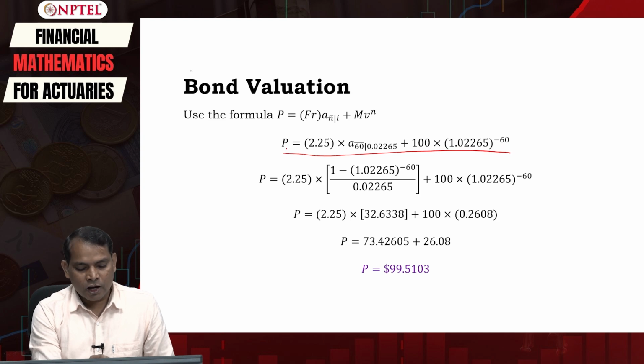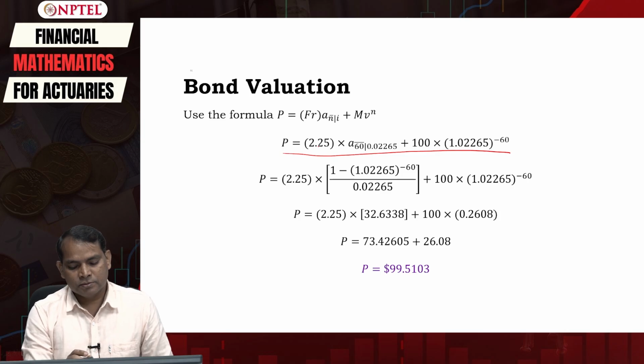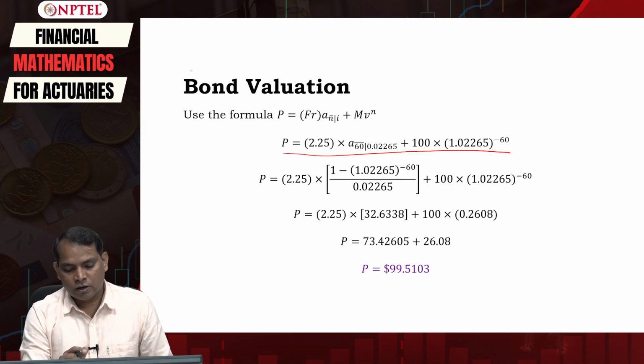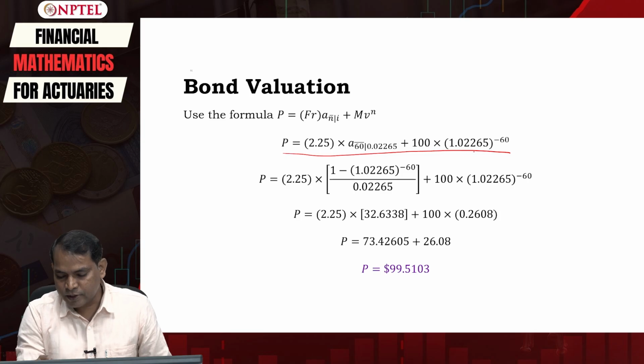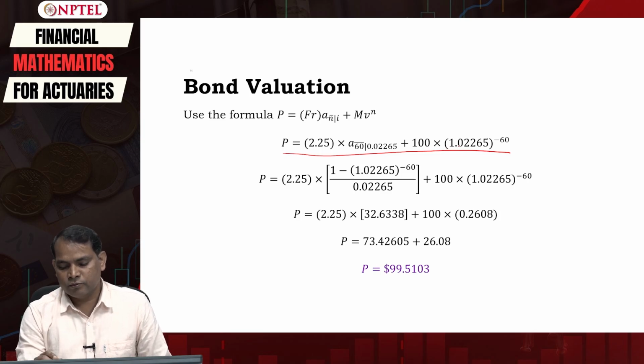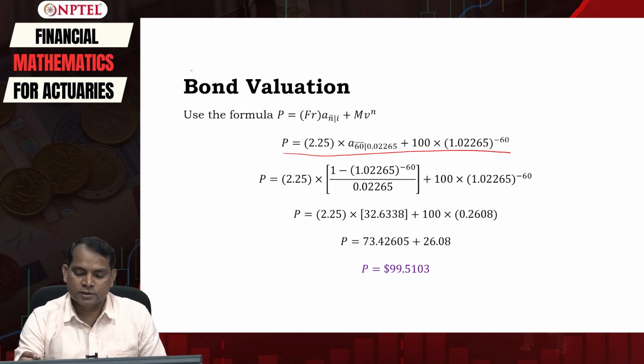So we will have here P = 2.25, that is the Fr we have just calculated, multiplied by a angle n, with n equal to 60 and i equal to 0.02265, plus the redemption value 100 multiplied by 1 plus i, since here we have to use the effective interest rate, so 1.02265 to the power minus 60.